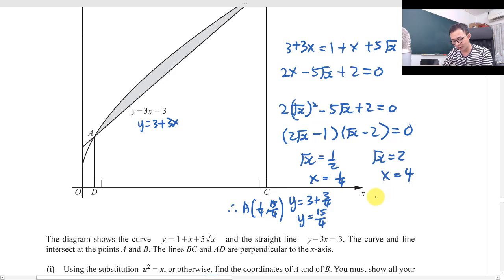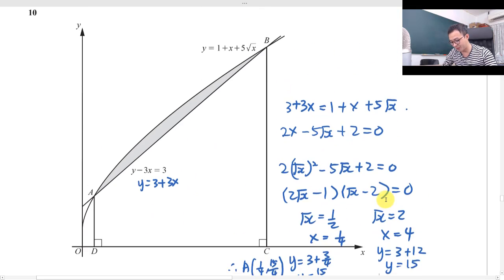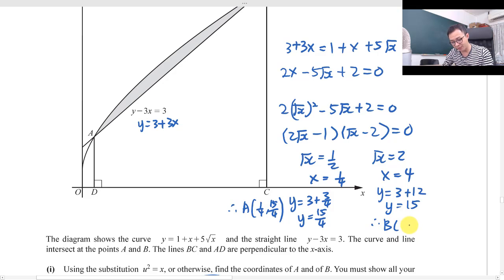Alright, then I will do the same thing for B. 3 plus 12, y equals 15. So coordinate B, sorry, coordinate B should be 4 and 15. Right, it's quite straightforward.